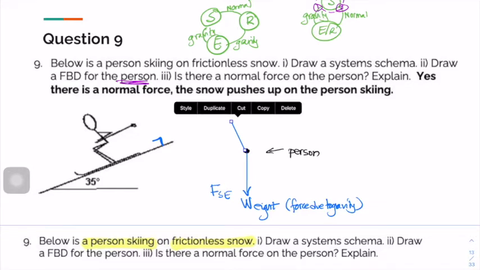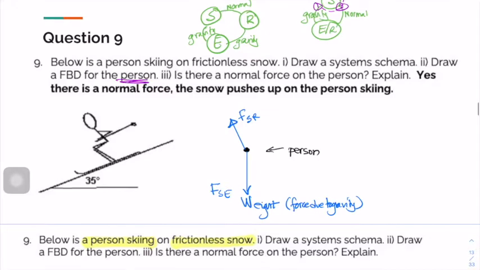Okay, it goes that direction. So that is the force on the skier by the ramp. And notice it's perpendicular to the ramp, and so it goes off at an angle. And this is it.